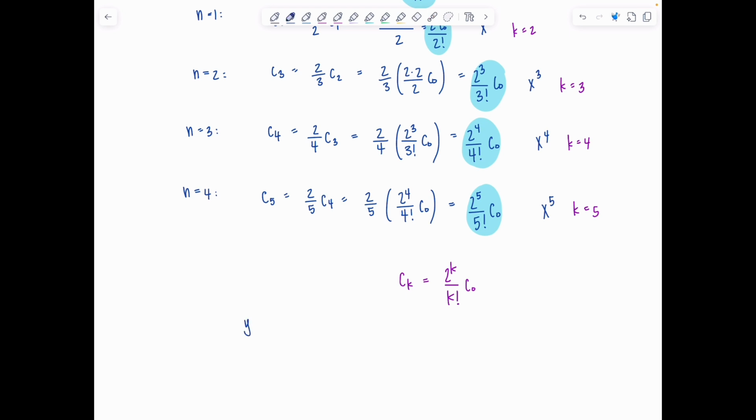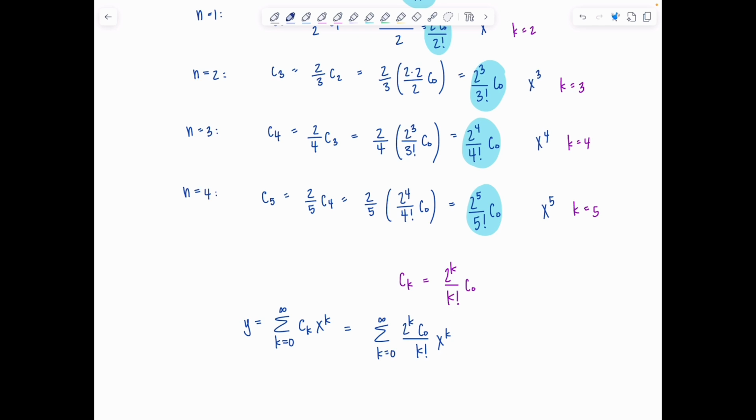So my solution is y equals the sum k equals 0 to infinity c sub k x to the k, in this case, which is the sum k equals 0 to infinity 2 to the k c naught over k factorial x to the k. Now, we've already solved this as a separable differential equation.